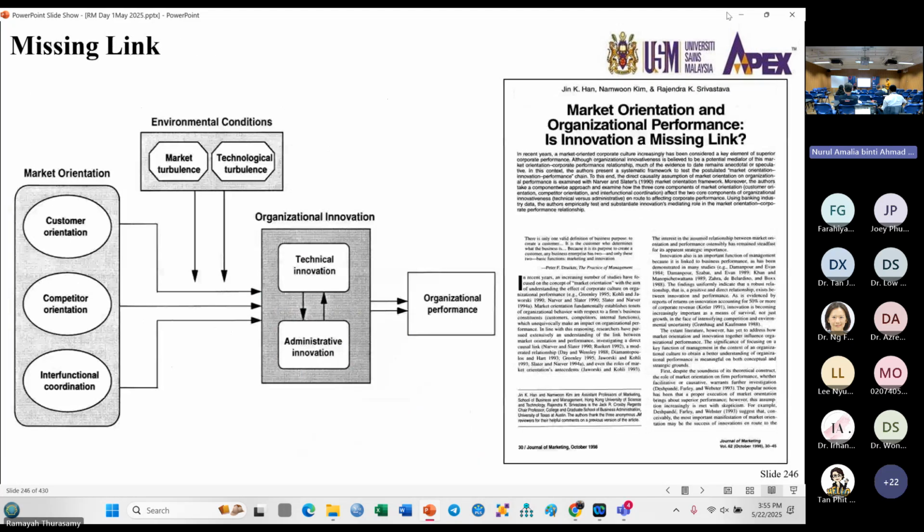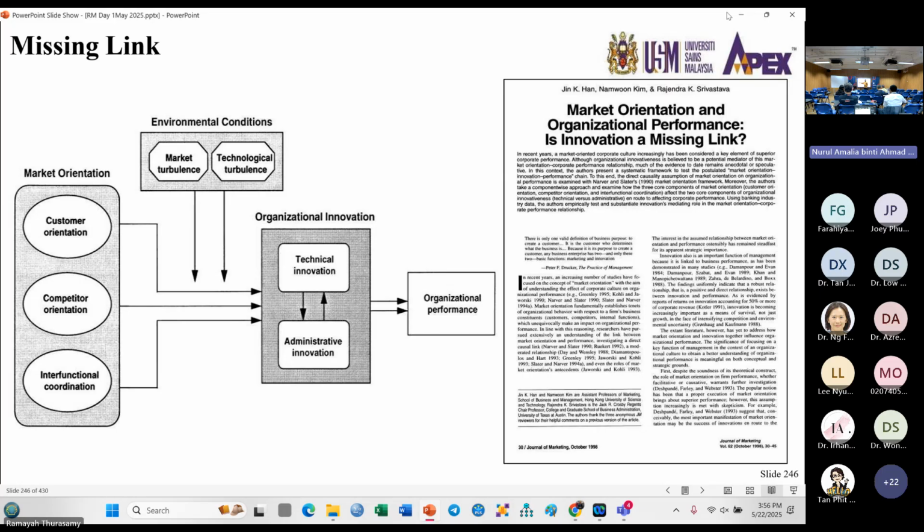So this is an example of how you can visualize your mediation. This is a paper published in the Journal of Marketing, one of the top journals in the world. Very simple model, right? What they have shown is that market-oriented companies have better performance. That's already consistent.